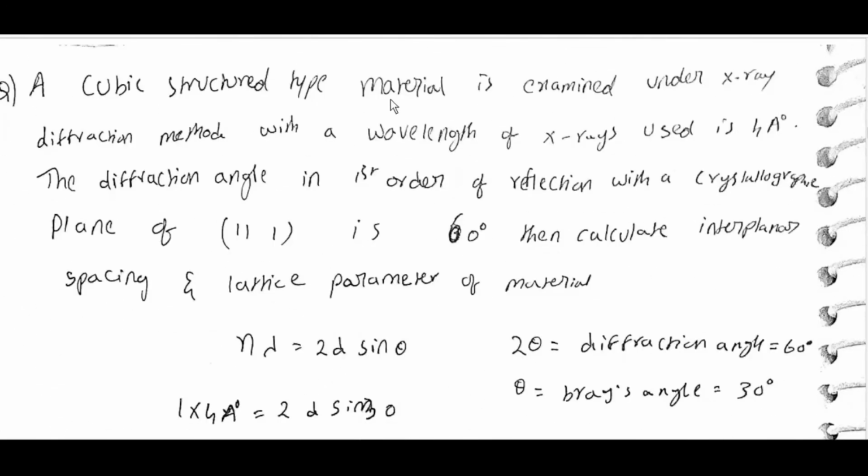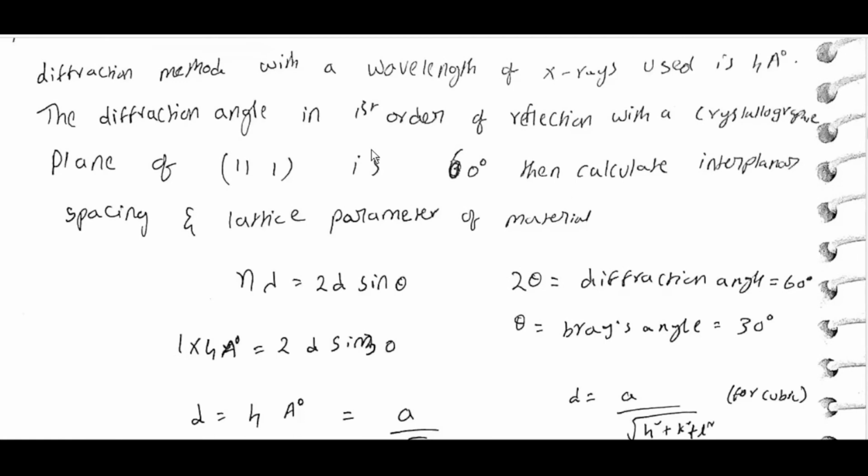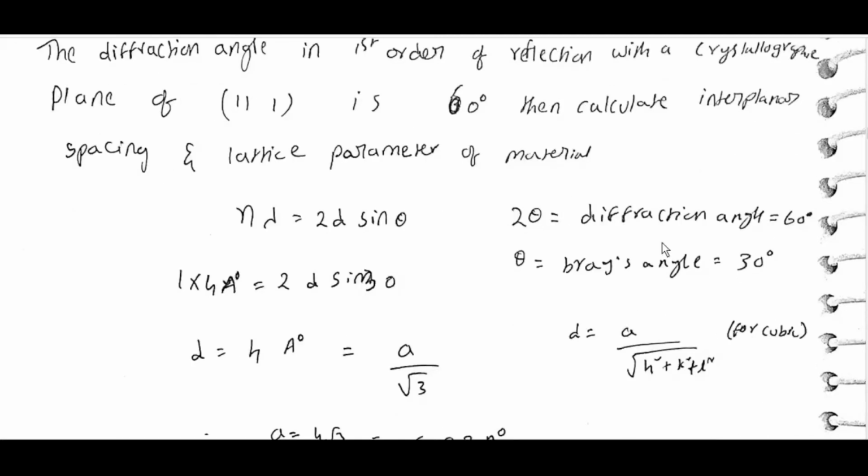A cubic structure material is examined under the X-ray diffraction method, with wavelength of X-rays used being 4 angstroms. The diffraction angle in first order reflection with the crystallographic plane of 111 is 60 degrees. Then calculate interplanar spacing and lattice parameter of the material. 2 theta, the diffraction angle, is equal to 60 degrees. Theta, the Bragg's angle, is equal to 30 degrees.